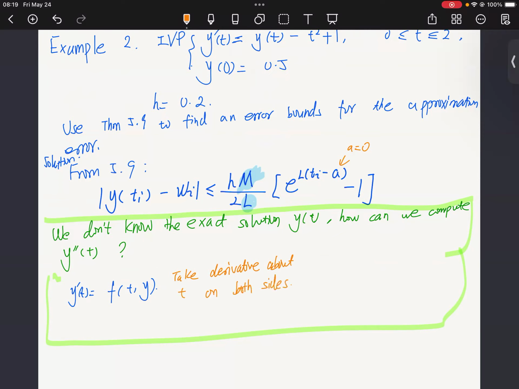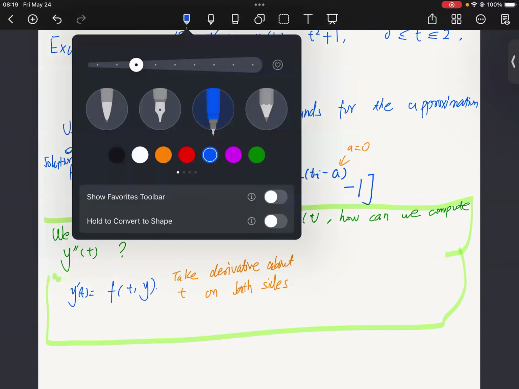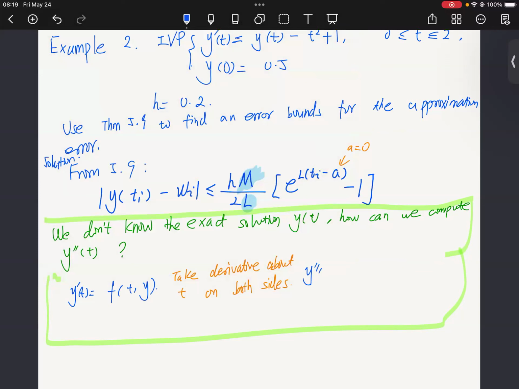On the left-hand side, you already have the first derivative, and then you take the derivative again, and that is your second derivative of y(t). And on the right-hand side, you are going to get the derivative of this with respect to t.